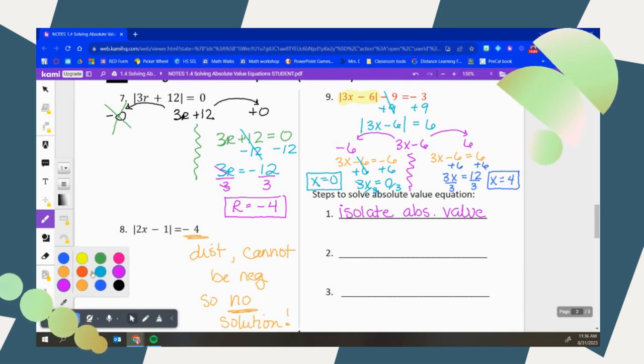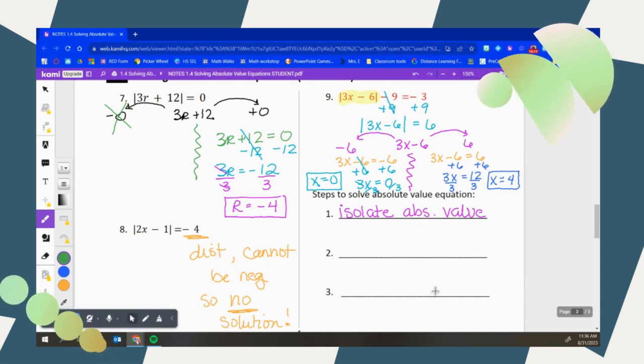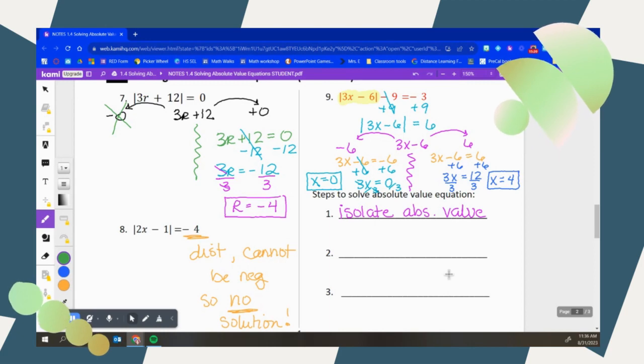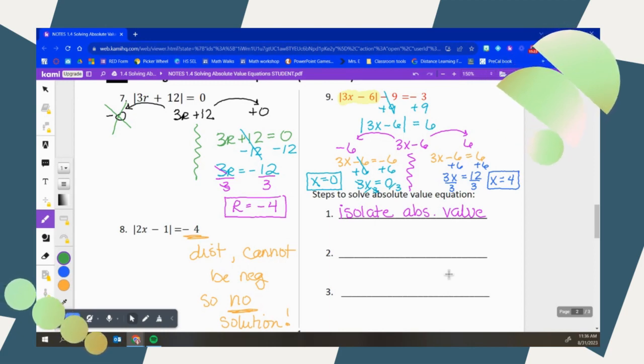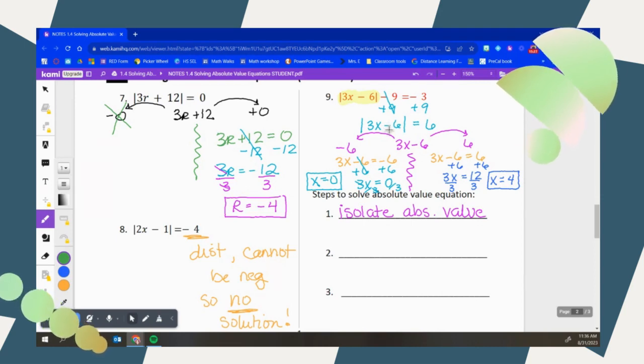So now what do I do? After I isolate the absolute value, what do we do? What did I do from here to here? There's no special words for it or anything. Just explain, what did I do? We split it up, right? We separated it. We made 2 equations. Okay. Remember, we do not use the absolute value when we split it up or make the 2 equations.